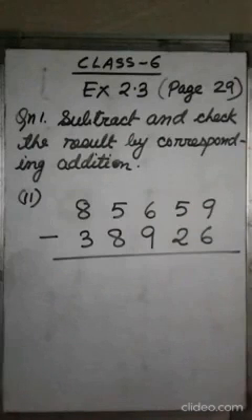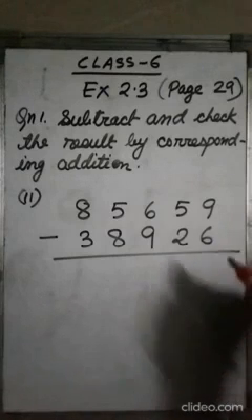Some exercise from 2.3, page number 29, question number 1. Subtract and check the result by corresponding addition. Here I am taking question number 2. 85,659 minus 38,926.